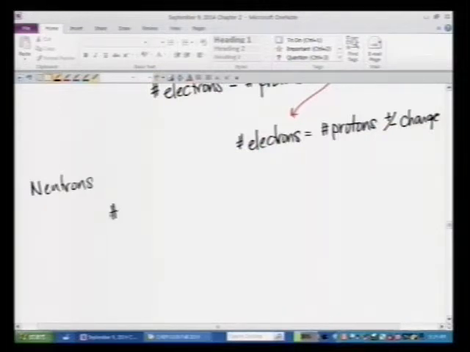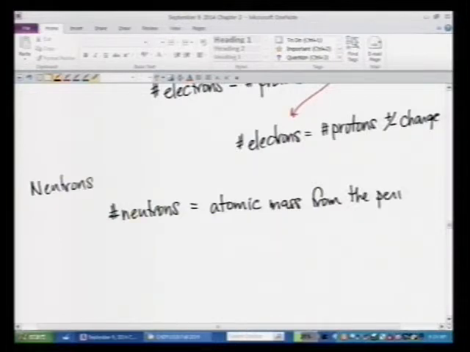The number of neutrons is equal to the atomic mass from the periodic table, I'm going to put that in brackets, minus the atomic number.